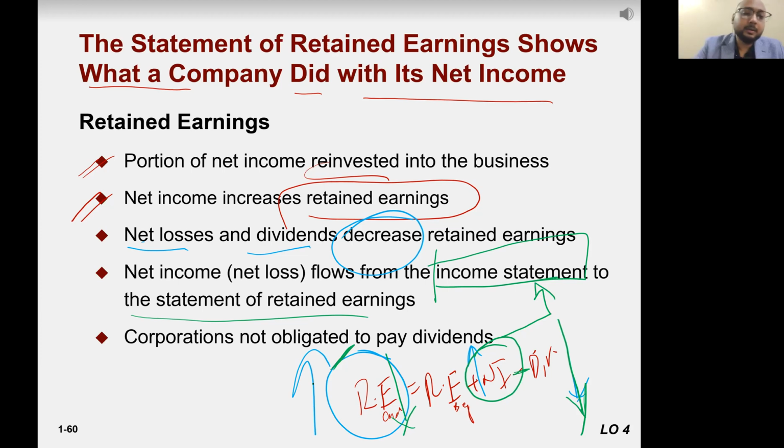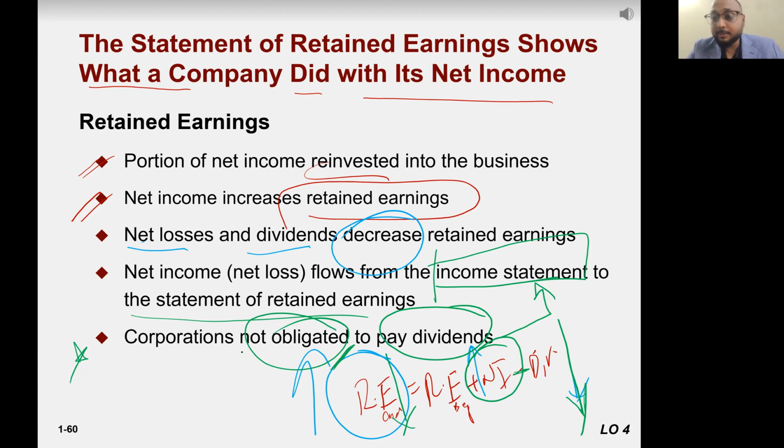Right? Now the important part here is that you also studied in the introduction to business that the payment of dividend is not an obligation by the company. It's not mandatory or necessary for companies to pay dividends.